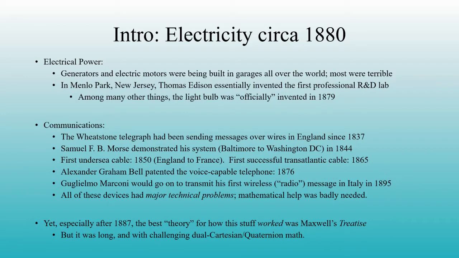In order to understand the causes of these problems and to eliminate or compensate for them, a comprehensive mathematical theory for E&M was needed. And the best theory out there was Maxwell's. Unfortunately, Maxwell's treatise was long, filled with digressions, and aimed at scientists rather than working engineers. Both the Cartesian math and the quaternion math were difficult for the engineering community to use effectively.